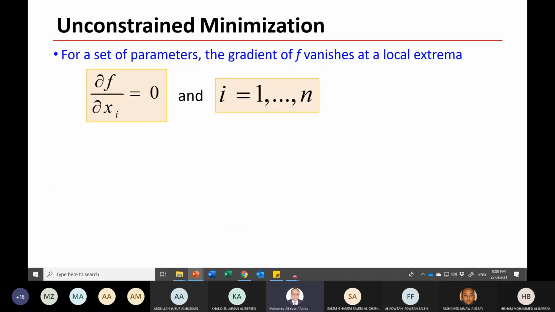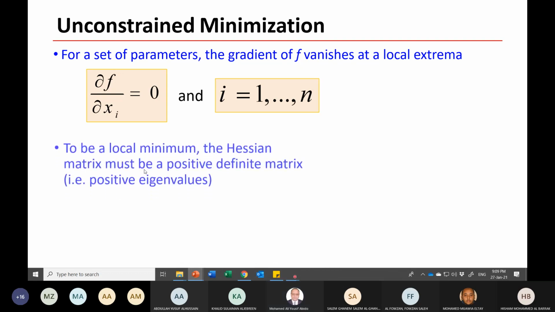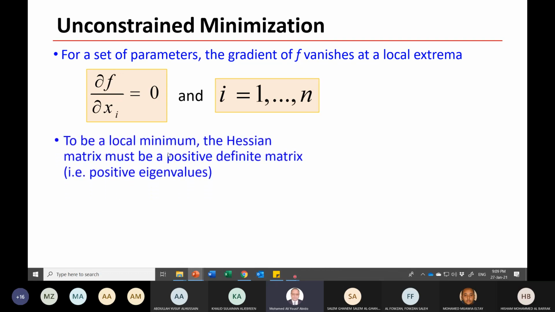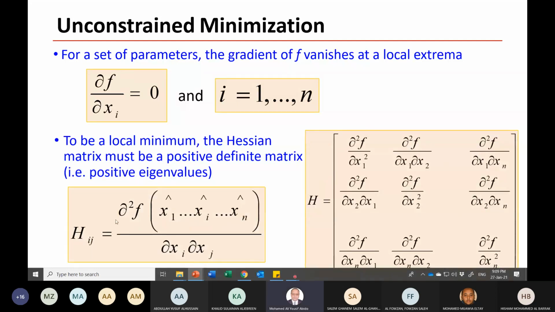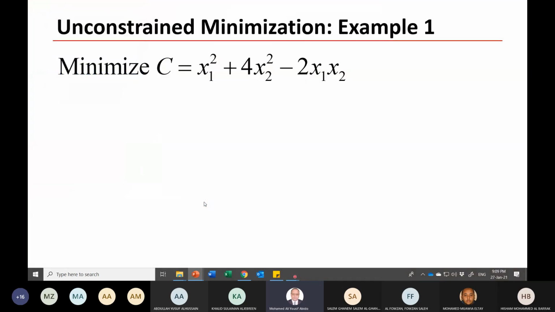For a set of parameters, the gradient of f vanishes at a local extrema, whether minimum or maximum. To be a local minimum, the Hessian matrix must be a positive definite matrix, with positive eigenvalues. And this is the Hessian matrix, as we mentioned earlier, and this is any entry of the Hessian matrix.